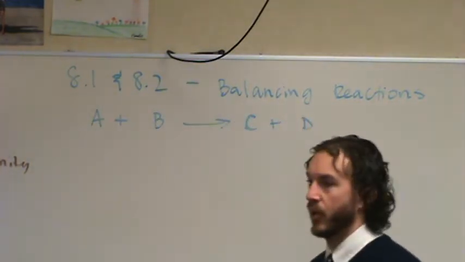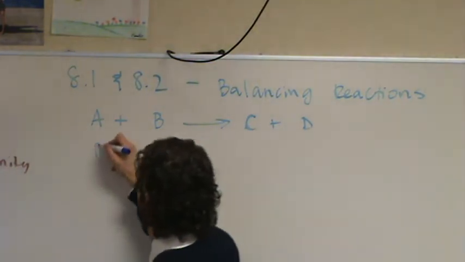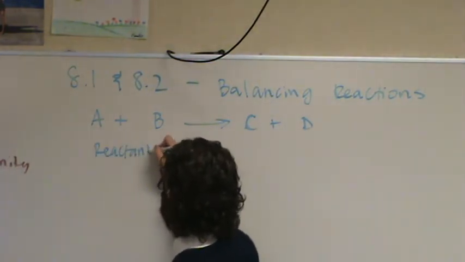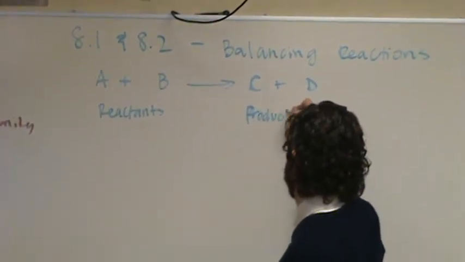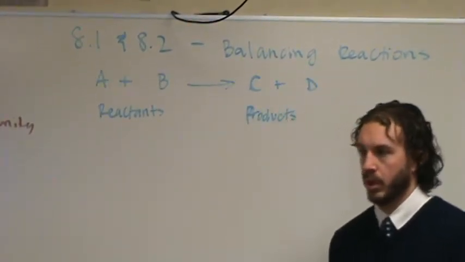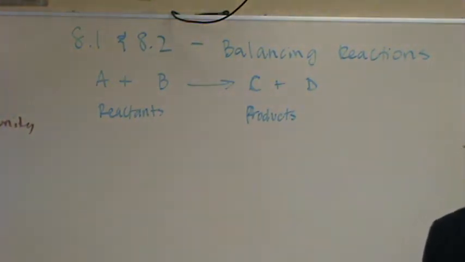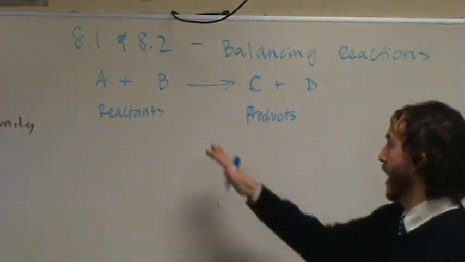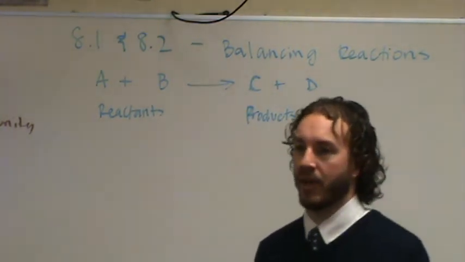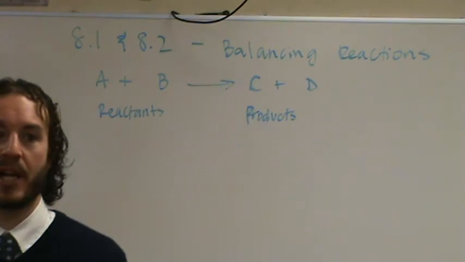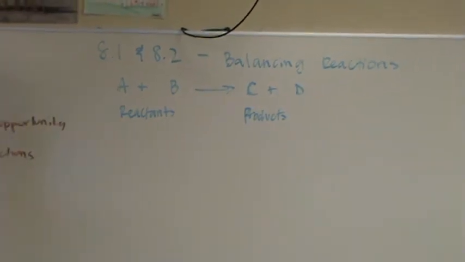In a typical reaction, things on the left side of the arrow are called the reactants. Things on the right side of the arrow are called products. From a while back, sometimes it takes energy to make products from reactants, and sometimes you make products and it gives off energy, exothermic. So there's some sort of energy transfer in every chemical reaction.